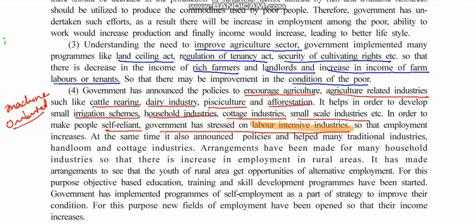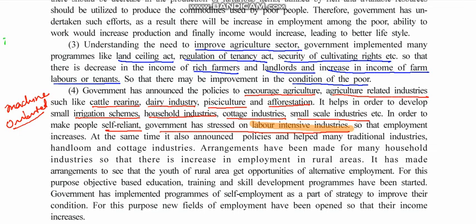If you see big industries, robots and machines are used, and one robot will do the work of 20 people, and that will make 20 people unemployed. So instead of those machines, the government said that labor intensive industries should be implemented so that more people can get employment and employment increases.